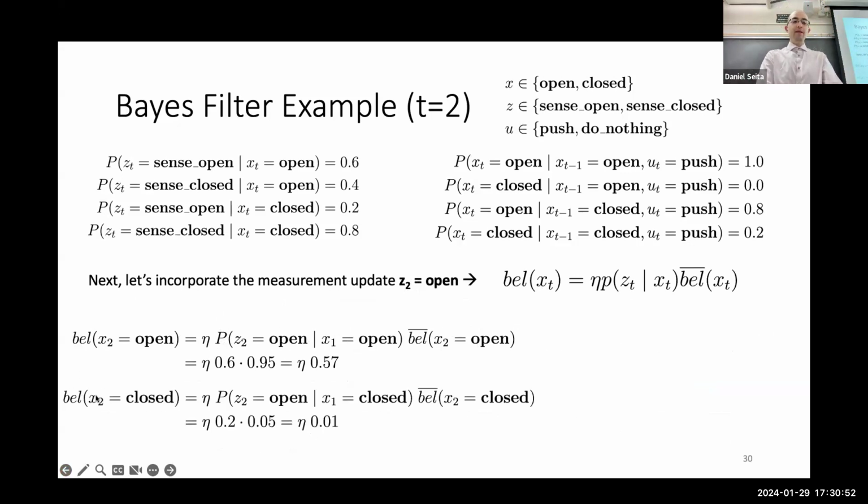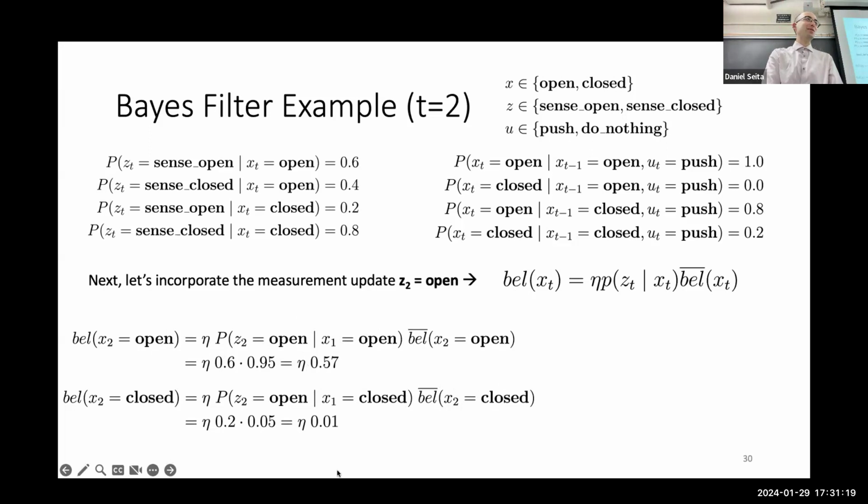And then the belief of x2 is closed. So again, it's the same thing here, except you change the belief to be closed. Yeah. And then you change all the x's because you have the same x here, so you just keep the x's consistent.